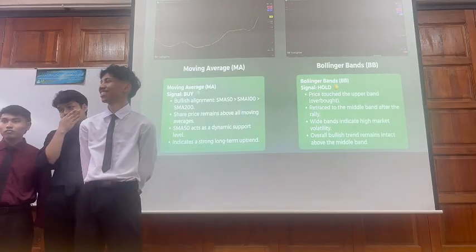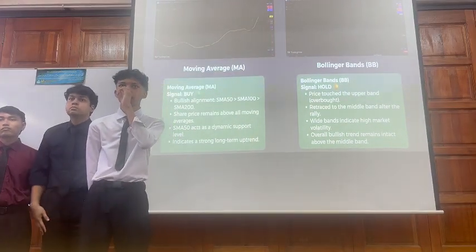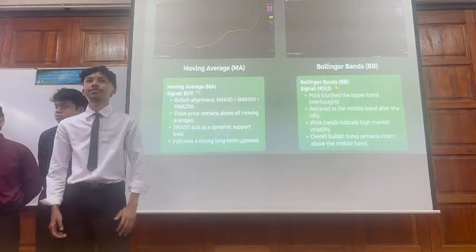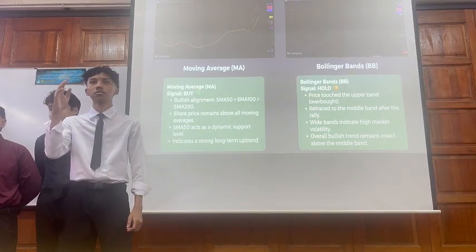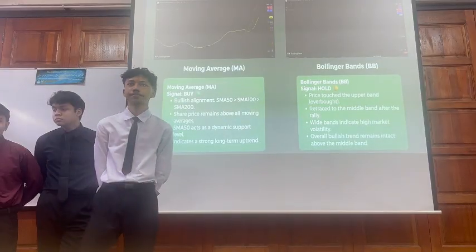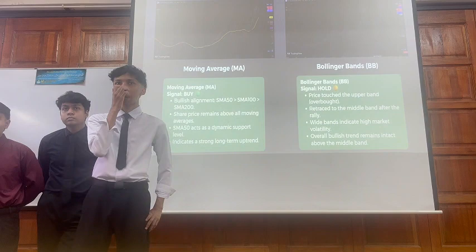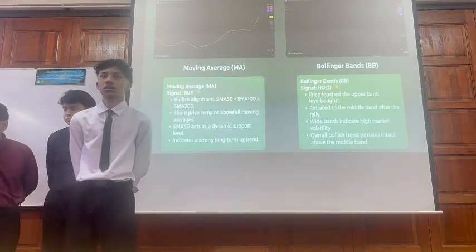Such lower volume band? Confirmation. After the price touch the lower band and cross above the middle band, that is the confirmation for buy. Okay, so you give the signal buy or hold the investors.